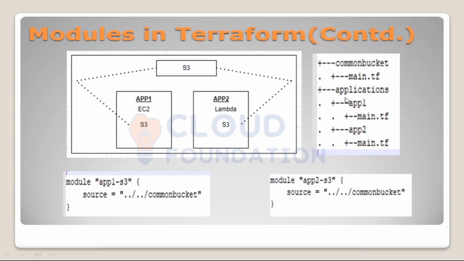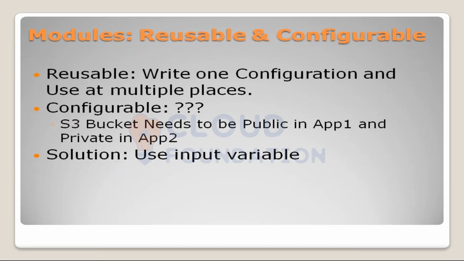To repeat myself, I will have the resource definition in one file, and I will refer to that file from multiple other files. So this is the reusability. Reusable is something where you write one configuration file and use it at multiple places.